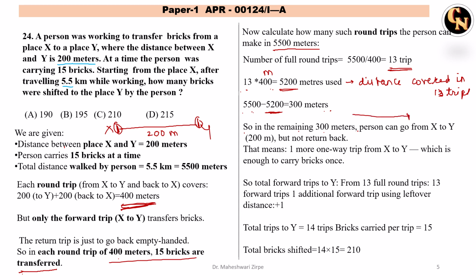Now, in the remaining 300 meters, the person can travel one more trip, that is a forward trip. He can go forward 200 meters out of 300 meters. And while going on the forward trip he can carry 15 bricks more. So total trips will be 14. See, 13 trips plus one more time he has gone with 15 bricks.